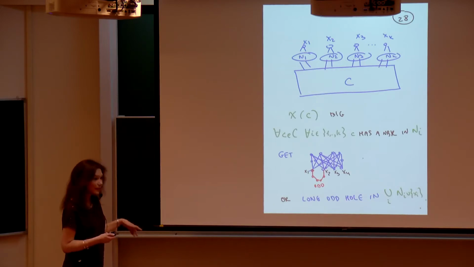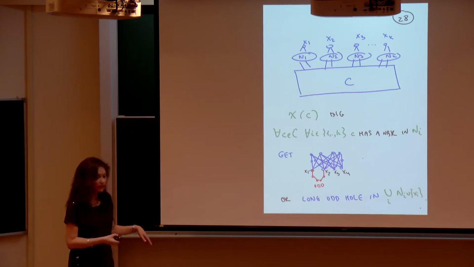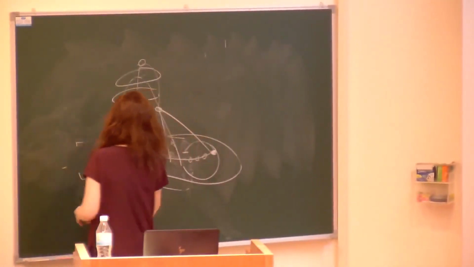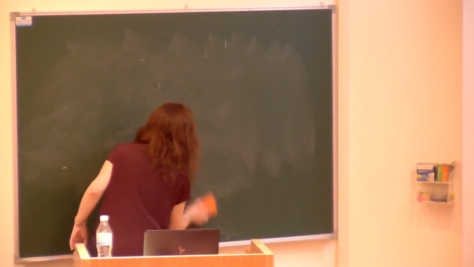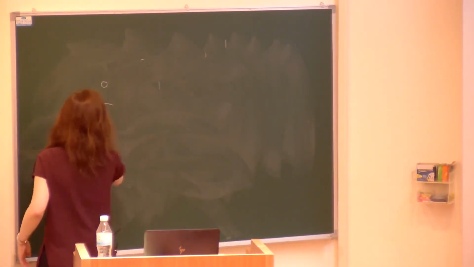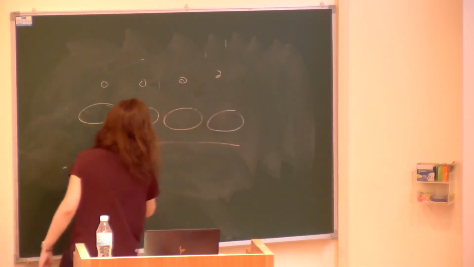Now let's think about the independent case. What you get in the independent case is a subdivision of K_{N,N}. So basically what you would like to do is, let's think about the case when I have all these covers and they're all independent.